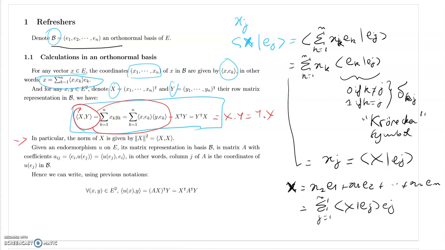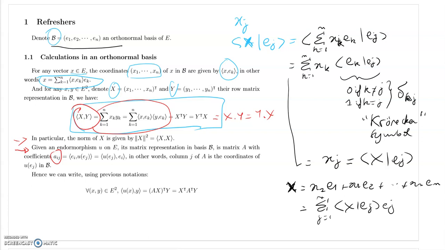And next, given an endomorphism U on E, its matrix representation in that basis B is a matrix whose coefficient on row I, column J is going to be the scalar product of EI with U of EJ. Why?